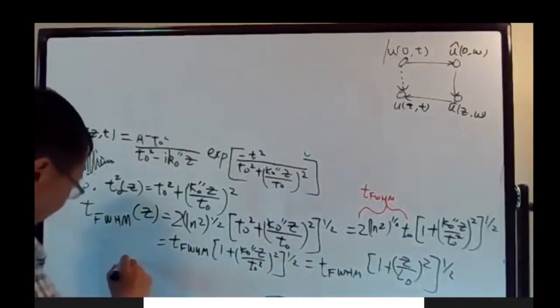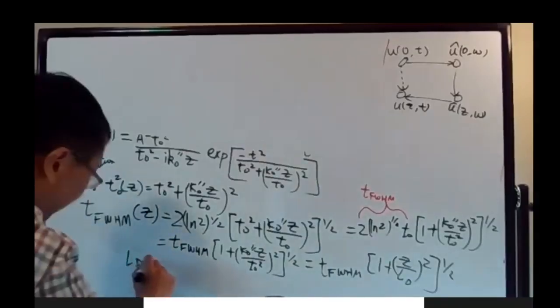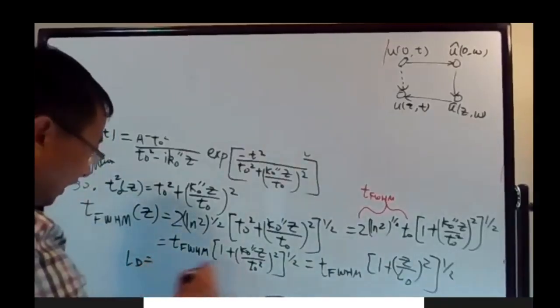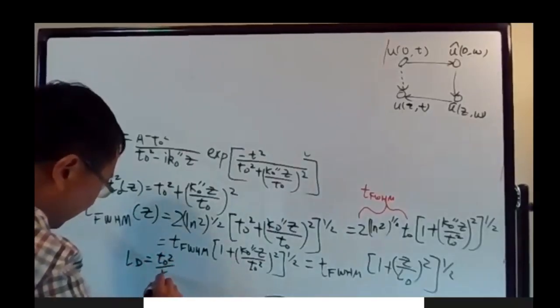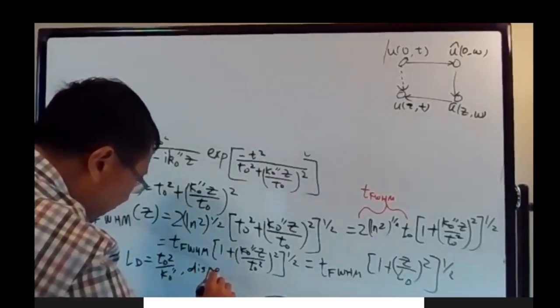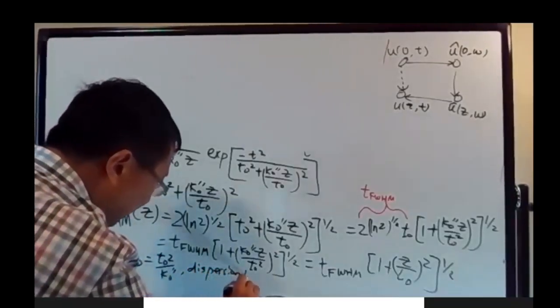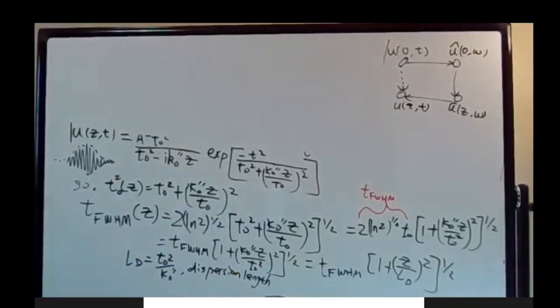What is LD? LD is called the dispersion length. In this case, it is T naught square over K naught double prime. So we can quantify this dispersion by the dispersion length.